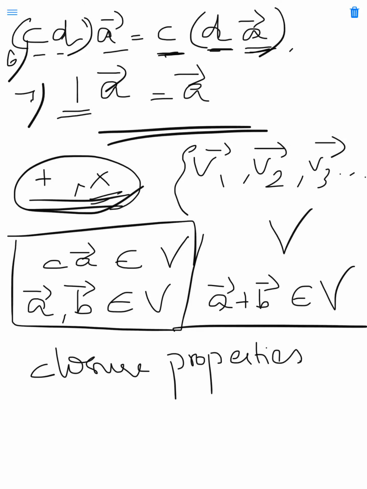Now we can see an example: R3, that is, real vectors with 3 components. Does it belong to the vector space or not? How will you be able to do this? First you need to take a real vector which has 3 components.